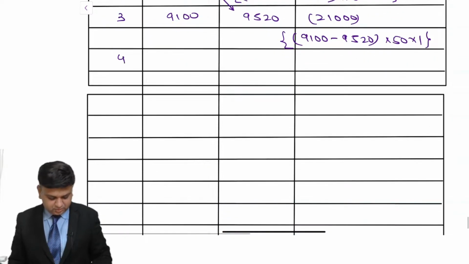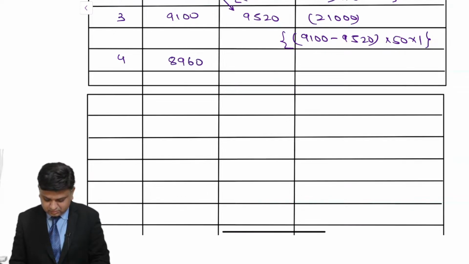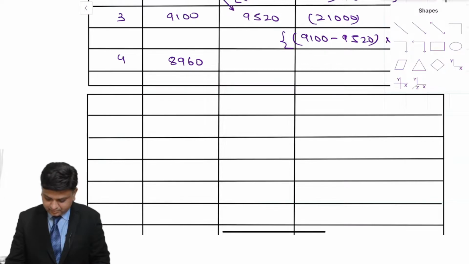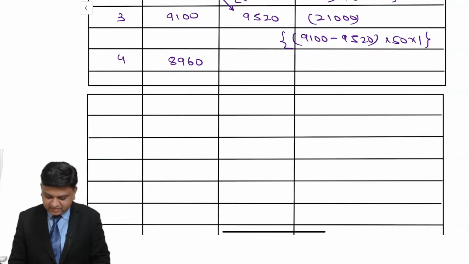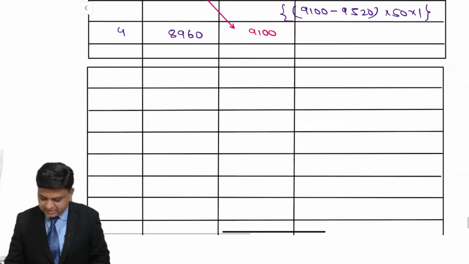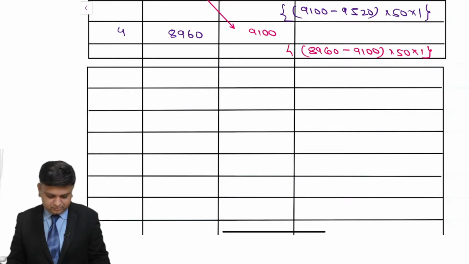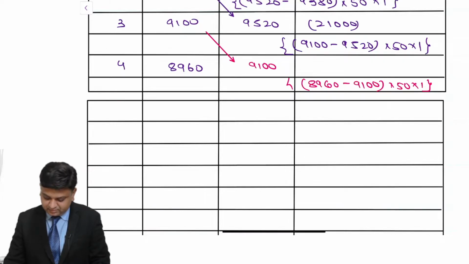On fourth, the closing price is 8960. So this is 9100. So it is 8960 minus 9100 into 5050 into 1. So it is 140 into 5050, that comes to 7,000 rupees of profit.